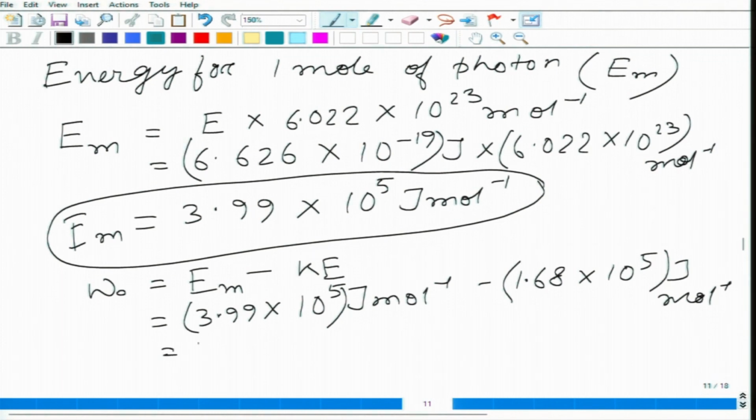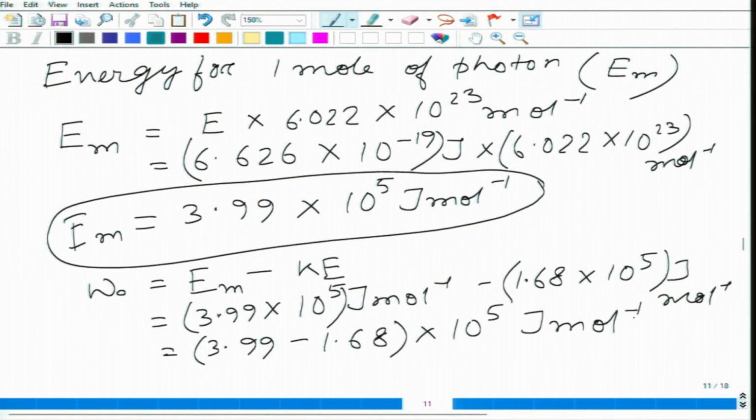So, if we take 10 to the power 5 as common, 3.99 minus 1.68 into 10 to the power 5 joule per mole. So, this will come as 2.31 into 10 to the power 5 joule per mole.